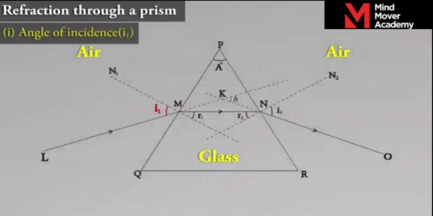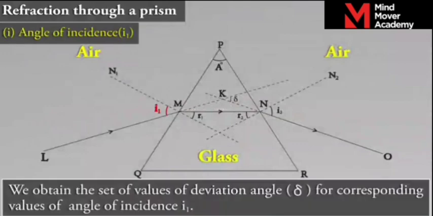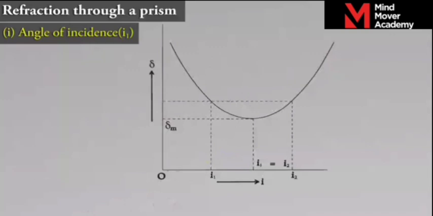1. Angle of incidence I1. If for a given prism we obtain the set of values of deviation angle delta for corresponding values of angle of incidence I1, and plot a graph between them, a curve as shown in the figure is obtained.